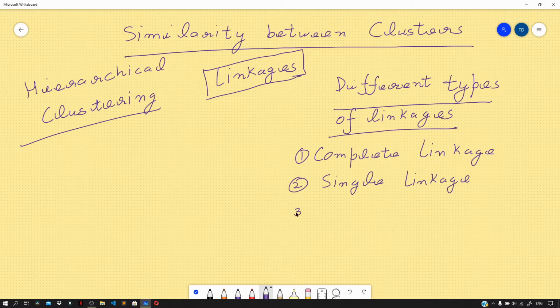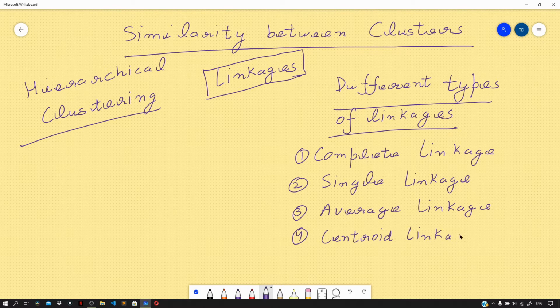Thirdly, we have the average linkage. And finally, we have the centroid linkage. So let us first talk about the complete linkage.